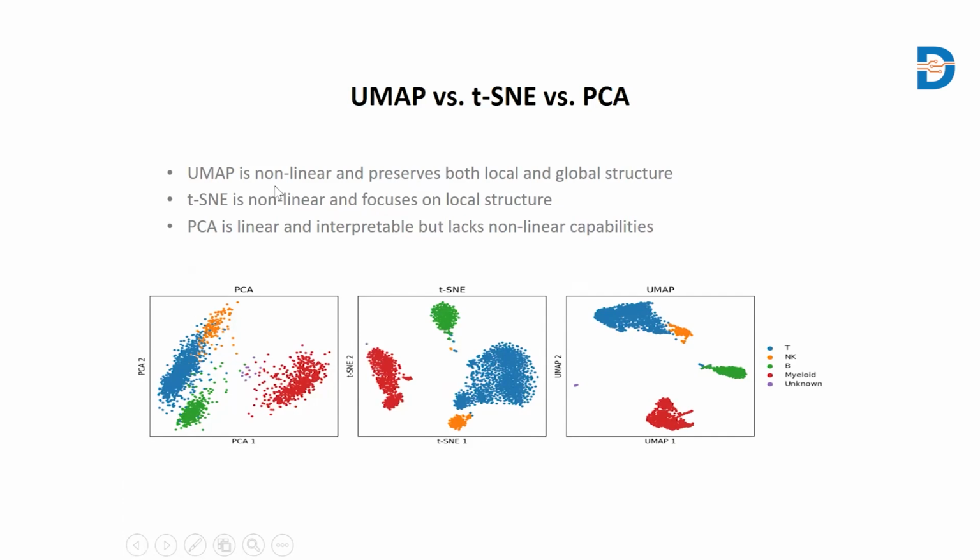These are different techniques that we apply based on the data and the requirement. They have different advantages, and based on these properties we apply them on our data to reduce the dimensions.